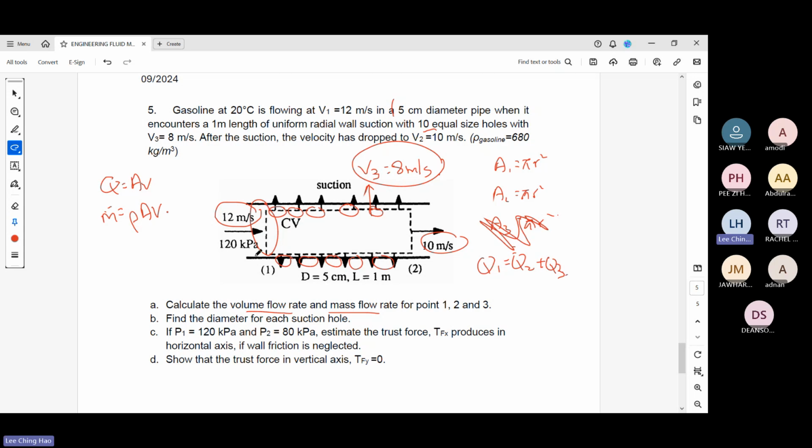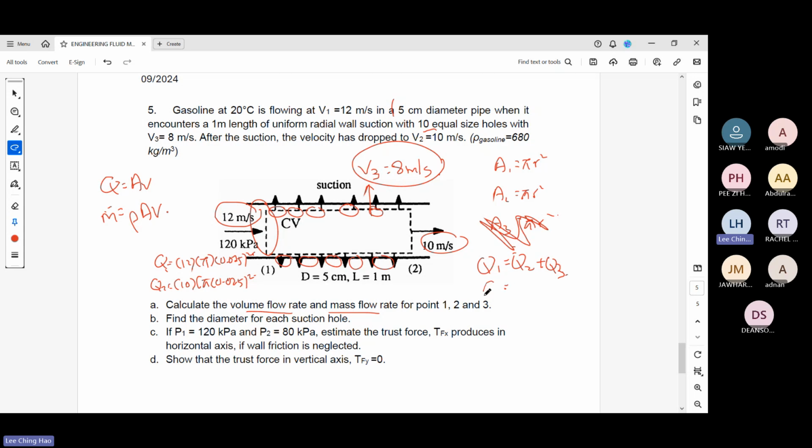You already can find Q1 because Q1 equals to AV is pi r square, 0.025 square. Q2 the same thing, but the speed is different. The area is the same.